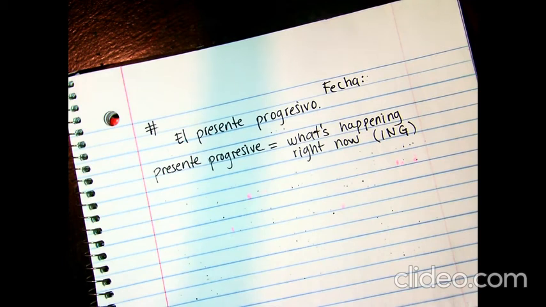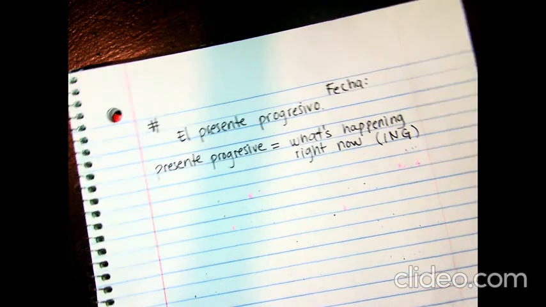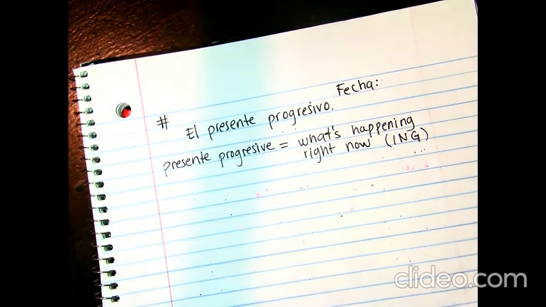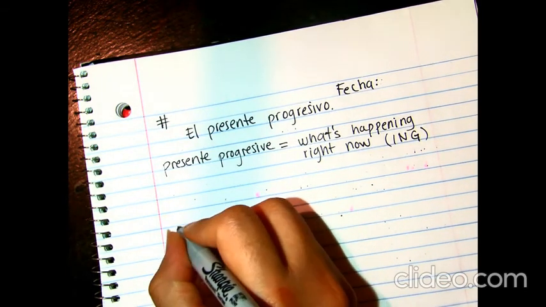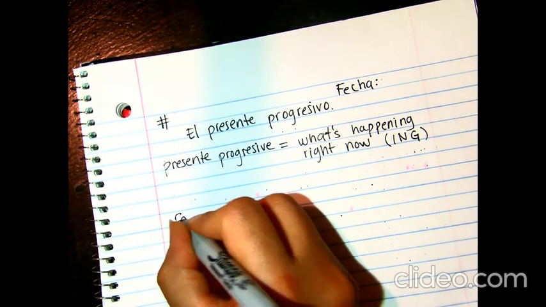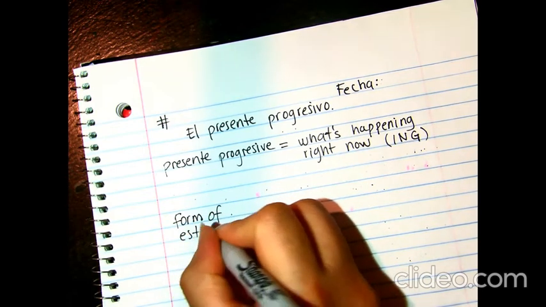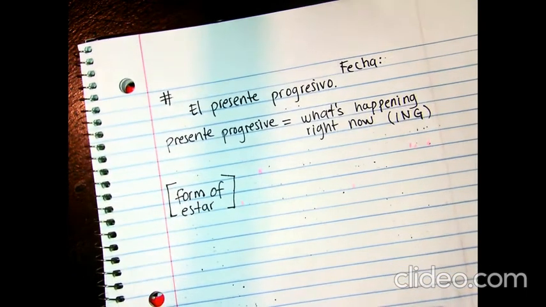We're going to use el verbo estar, okay? And there is kind of like a rule to it. Muy bien. So the rule is this, all right? Stay with me. First, we need to use the form of estar, present tense.